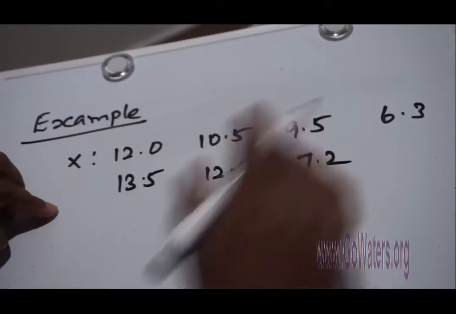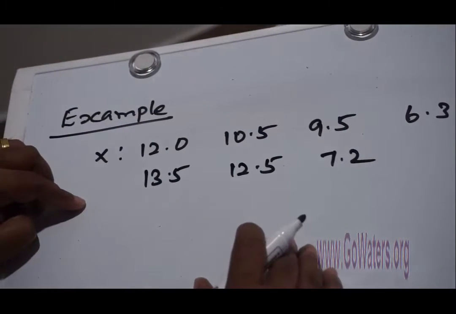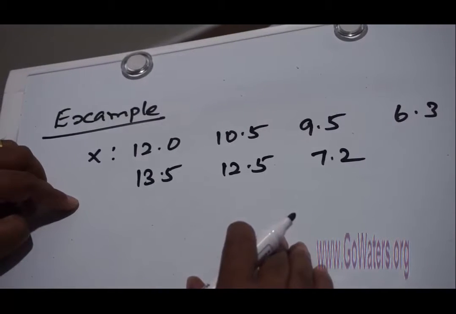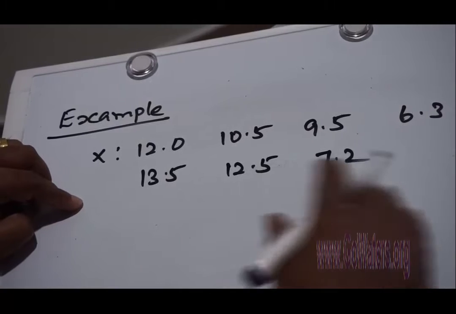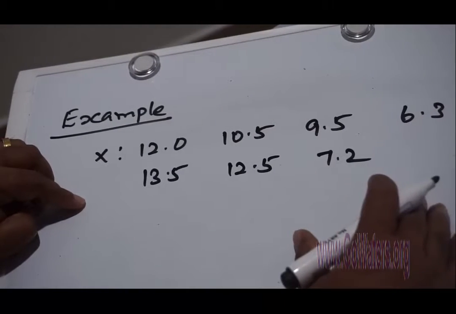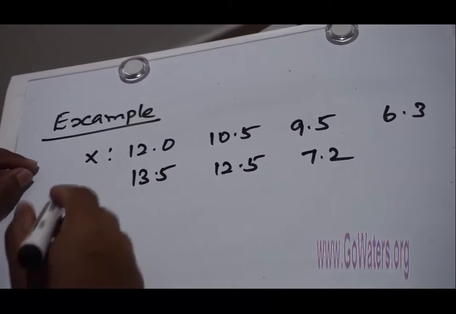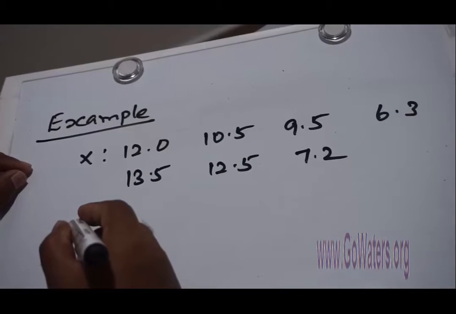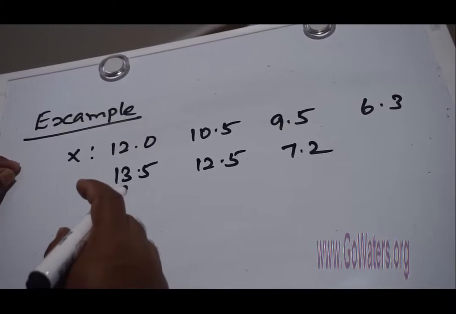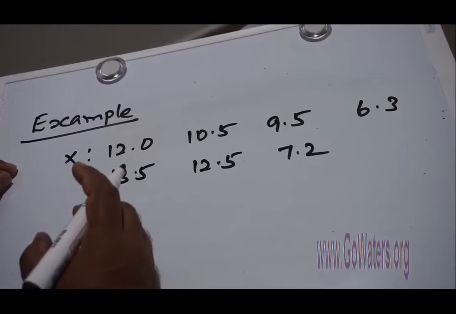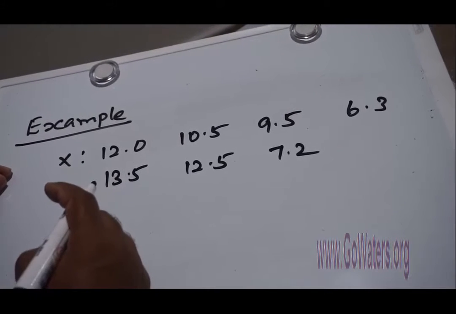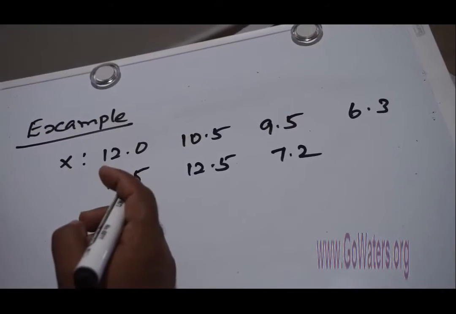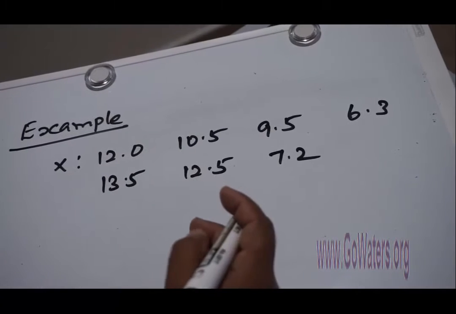So you have the HIV and AIDS incubation period for the 7 patients available here in terms of years. Okay, so now the question is: calculate the sample mean, calculate the sample median, calculate the mode, and calculate the standard deviation. So we'll see them one by one, right?